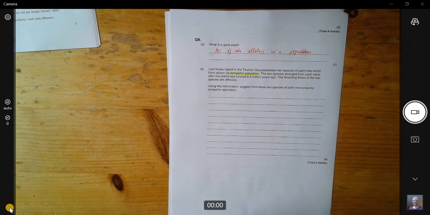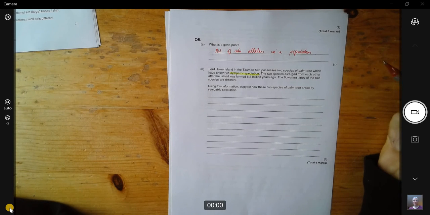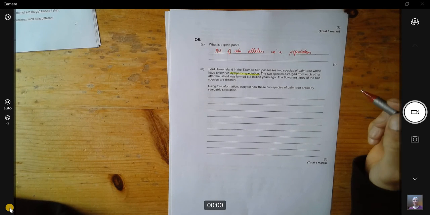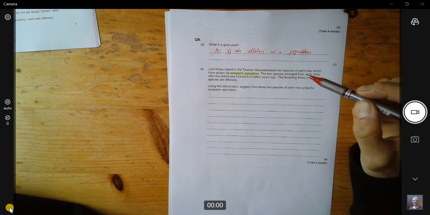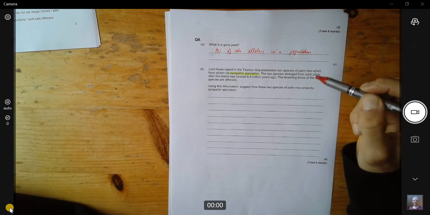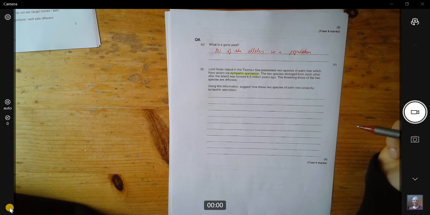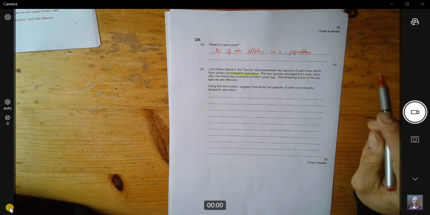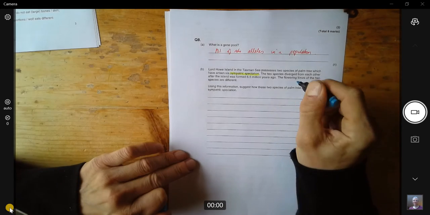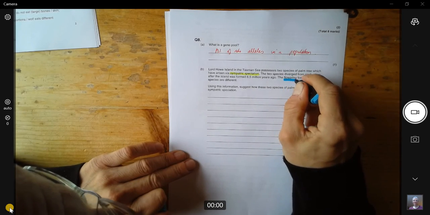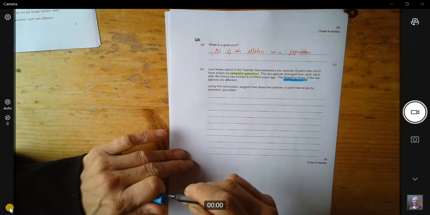So sympatric, I always think same place speciation, so it's some sort of behavioural or reproductive isolation, even though they're in the same place. And indeed, here we go. The flowering times of the 2 species are different.